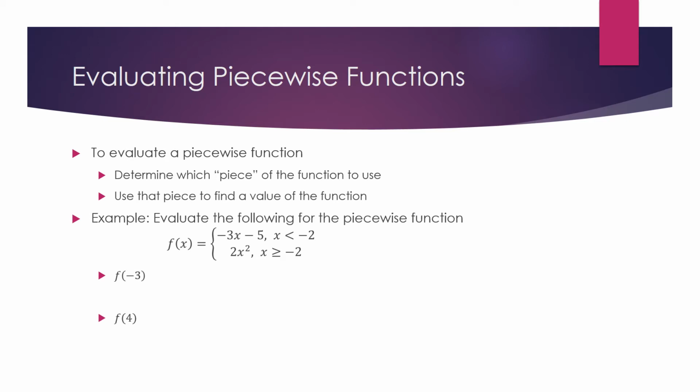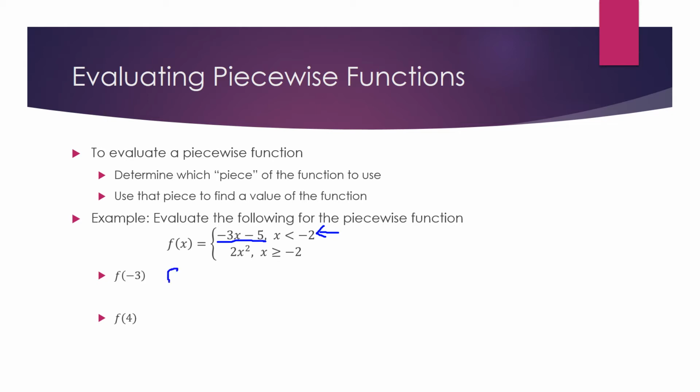Let's evaluate the following piecewise function with two separate values, f of negative 3 and f of 4. Let's do f of negative 3 first. According to my piecewise function, I have two parts. One part is when x is less than negative 2, and the other part is when x is greater than or equal to negative 2. For f of negative 3, I'm going to use the top part where x is less than negative 2. So I'm going to use the function I'm underlining right now, negative 3x minus 5.